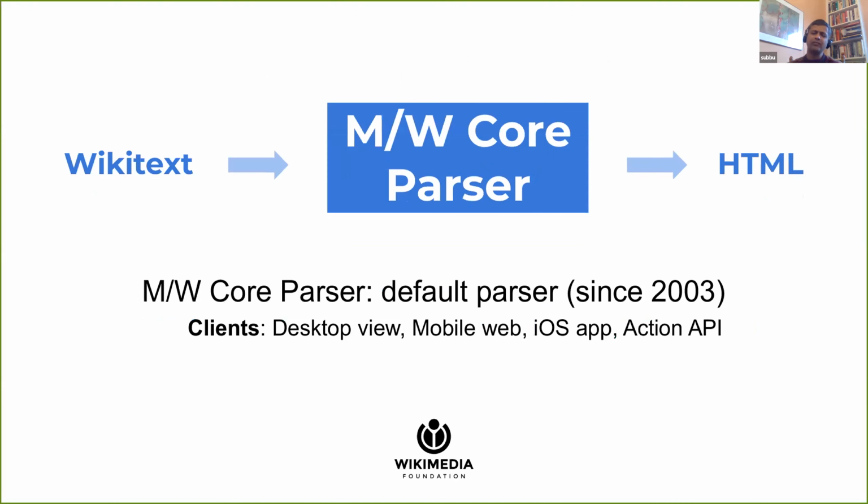The core parser is still being used for a whole bunch of products, the most important being read views, which is a substantial amount of traffic to the MediaWiki software, and also on the Wikimedia cluster. It's also used for the mobile web, iOS app, and the Action API.